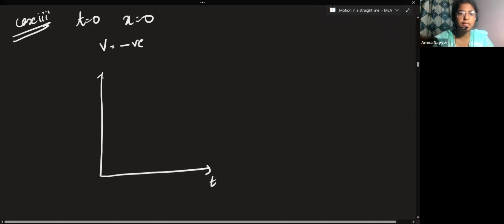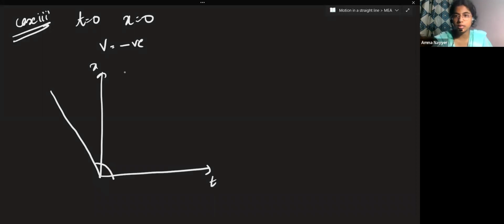This is t, this is x. Now v is negative. It means the slope is negative. And for negative slope, how do we draw it? We draw an obtuse angle. So this will be the slope of velocity.